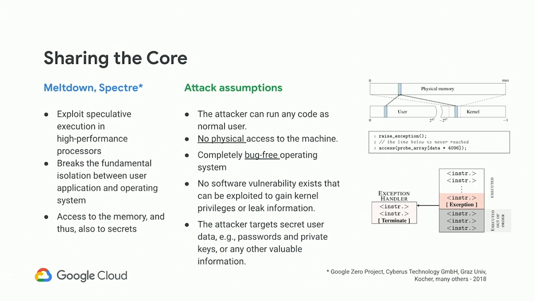So they were essentially assuming that the system was perfect, with no physical access to it, and they were still able to gain access to privileged memory, and get access to the secrets in that privileged memory. So again, sharing the core in that case was quite harmful, even though there was hardware-enforced isolation between the different pieces of code.